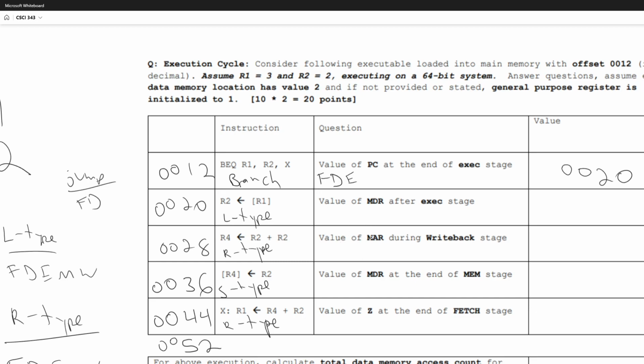Value of the MDR after the exec stage. So fetch, decode, exec, mem, write back.